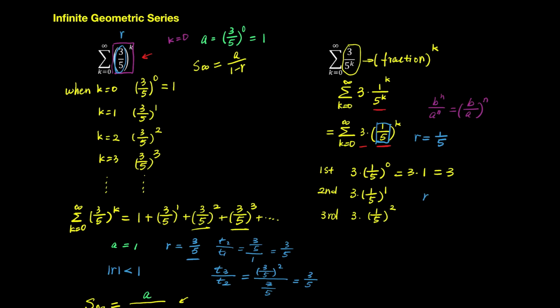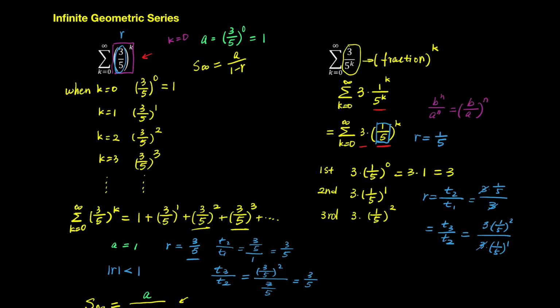When we divide the second term by the first term, we get 3 times 1 over 5 divided by 3. You see 3 cancels 3. Similarly, if we divide the third term by the second term, we have 3 times 1 over 5 to the power of 2 divided by 3 times 1 over 5 to the power of 1.